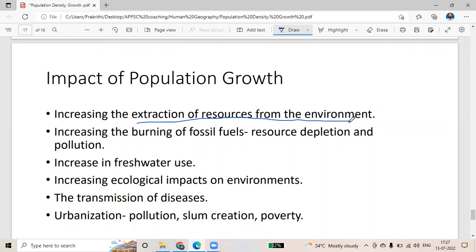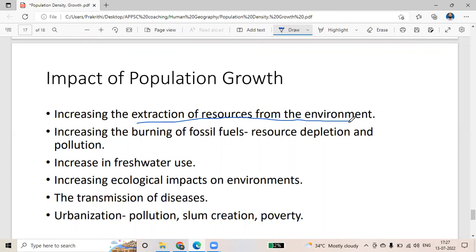Then we need energy. We need to produce energy for electricity, for running machines, for running industries. ये सब चलाने के लिए we need energy. So mostly we are depending on fuels. In India, we are depending mostly on coal. When we studied about the coal resource in India, Gondwana coal system, ये सब पढ़ा है. तो उसी time we said one of the most important uses of coal is to produce energy.